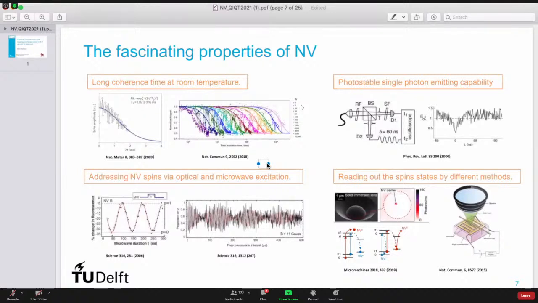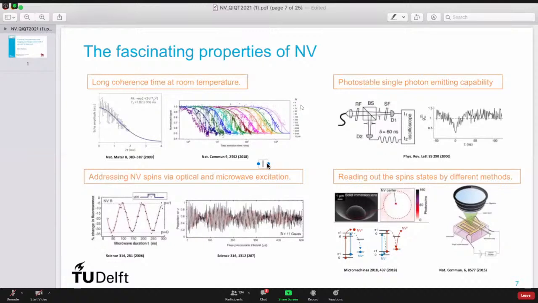Also, there are ways to read out the spin by doing spin-to-charge conversion, which is shown here. All these readout techniques are actually reviewed in this nice paper. And another way of doing the readout is by reading the spin state electrically. So what do they do here?